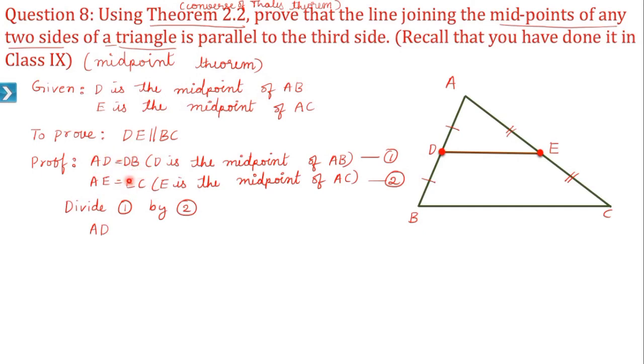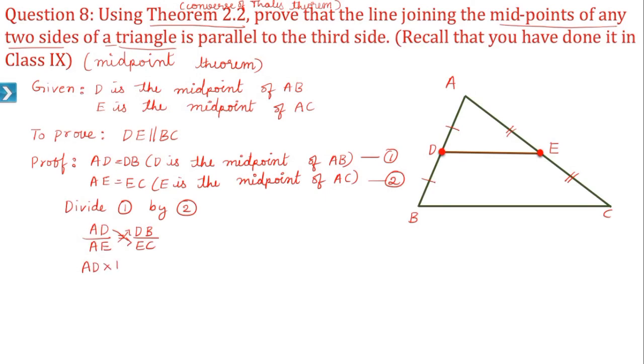AD by AE is equal to DB by EC. But we want AD by DB is equal to AE by EC. Now we have to rearrange this to get AD by DB is equal to AE by EC.